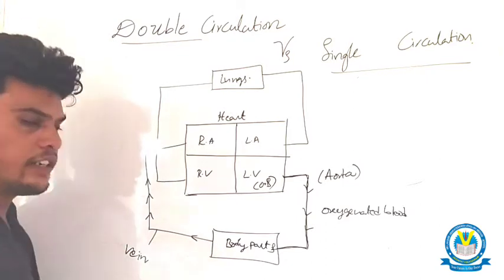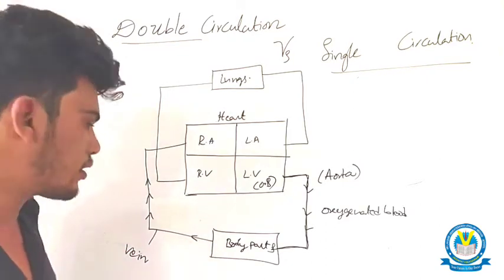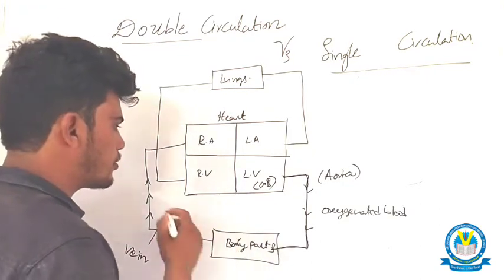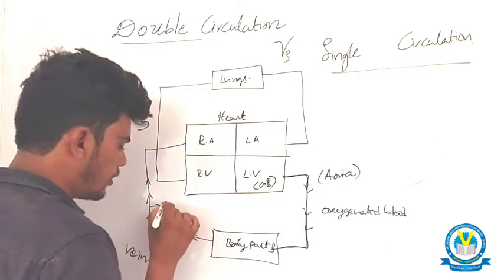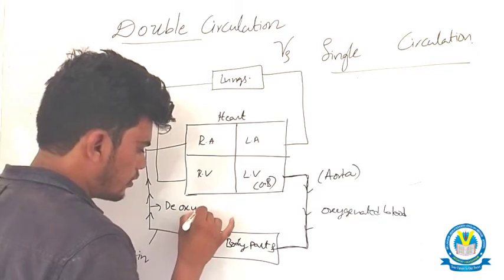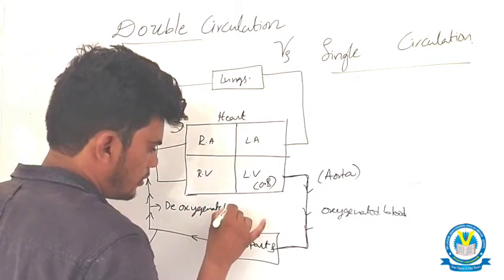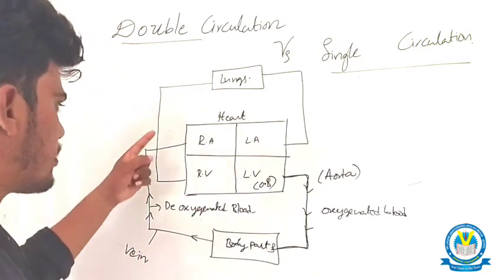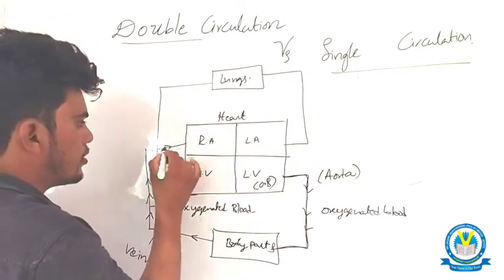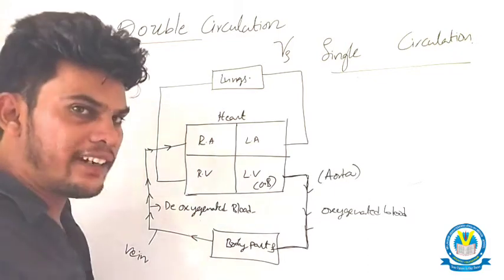This vein carries deoxygenated blood from the body parts to the heart. So what blood passes through this vessel? Deoxygenated blood. Clear? Then this deoxygenated blood passes through the veins and reaches the right auricle of the heart.